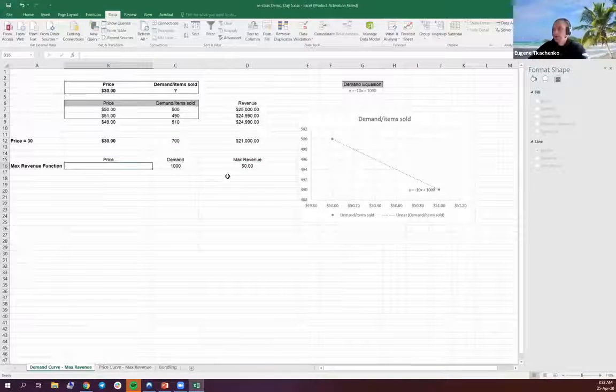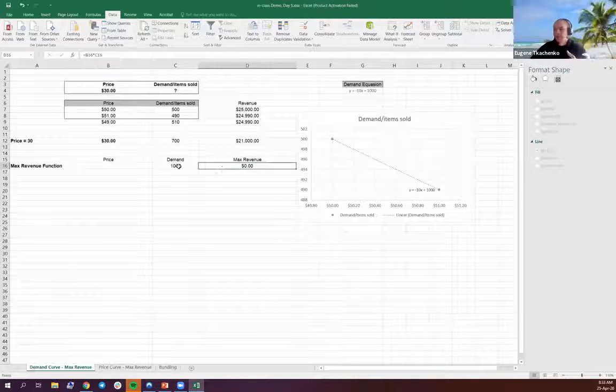So we have all our values and all our functions populated already. We are saying that the price is unknown for us. We're interested in basically selling 1000 units at the best possible price in order to maximize our revenue.